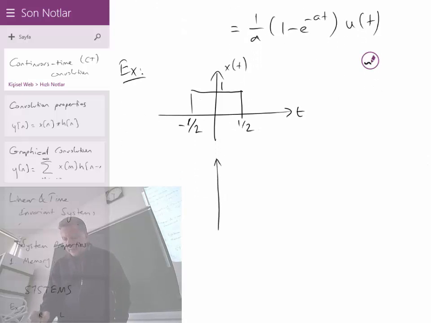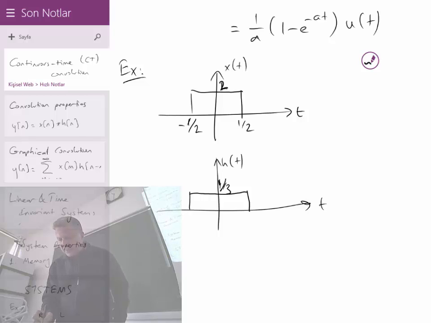And again, the same shape. Well, let's not make it the same shape, let's scale it a little bit. Let's say this is 2, and this is 1 over 3, for h of t, the impulse response, again from minus 1 over 2 to 1 over 2.